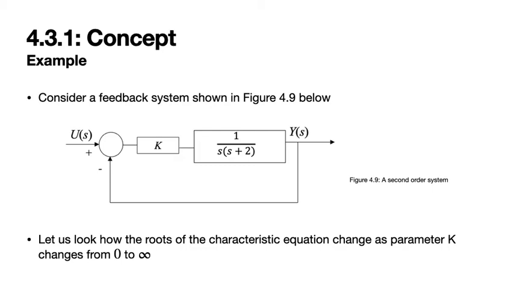Now let us look at how the roots of the characteristic equation for this system change as parameter k changes from 0 to infinity. In order to understand that, we have to determine the characteristic equation of the system and find the poles of the system. I'll give you about 2 to 3 minutes.